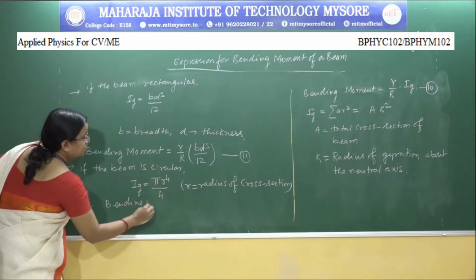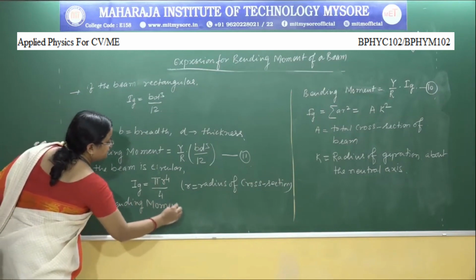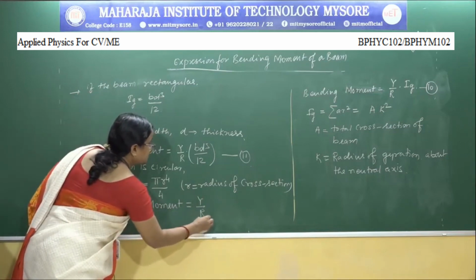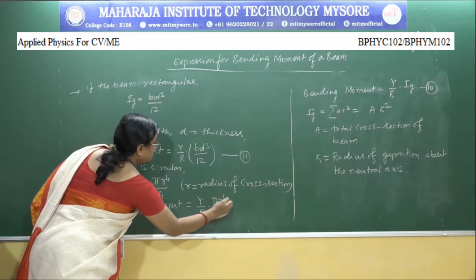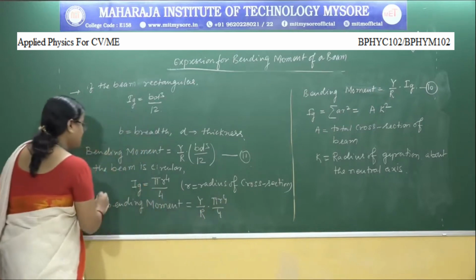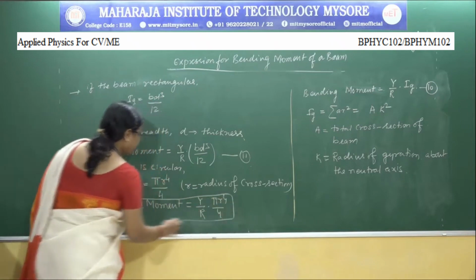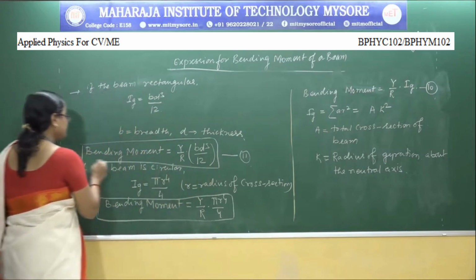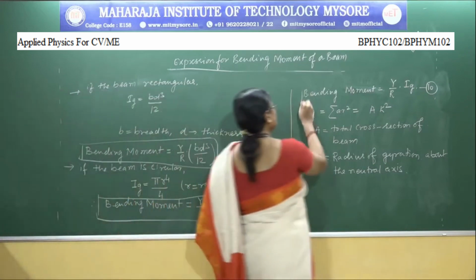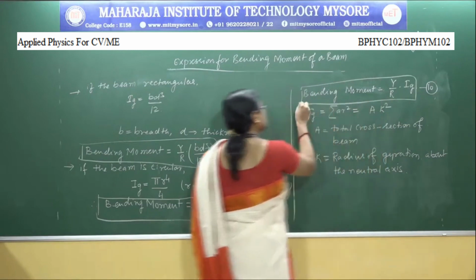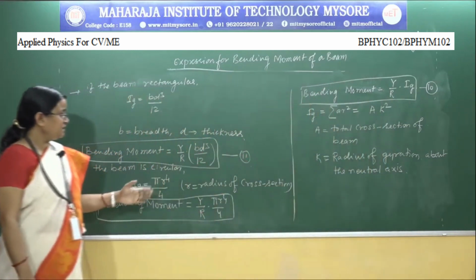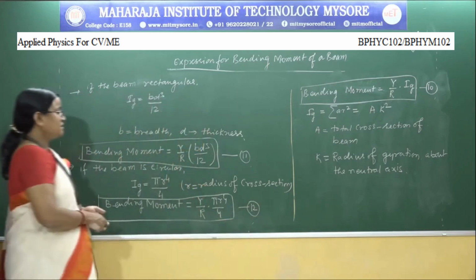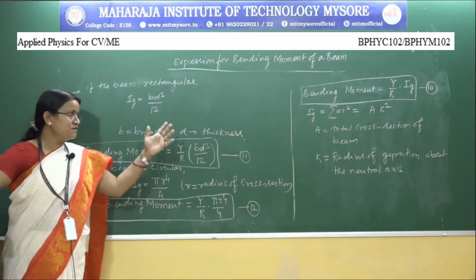Bending moment is equal to Y by R into pi r to the power 4 divided by 4. So these equations 10, 11 and 12 are the expressions of bending moment.